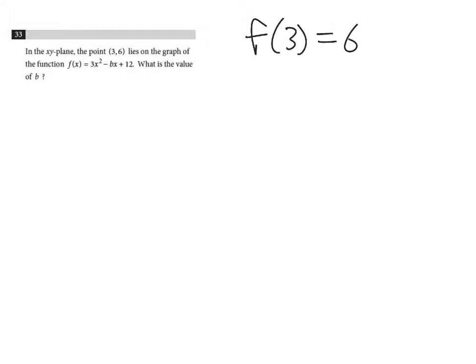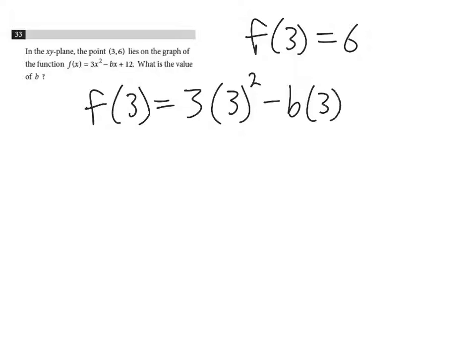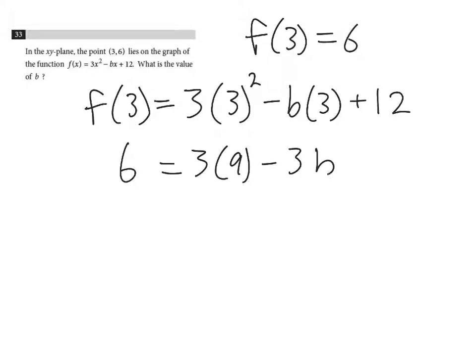So then I'm looking for f of 3 equals 3 times 3 squared, putting 3 in for x, minus b times 3 plus 12. Well, f of 3 equals 6. 3 squared is 9. And I'm just going to write that 3b plus 12.